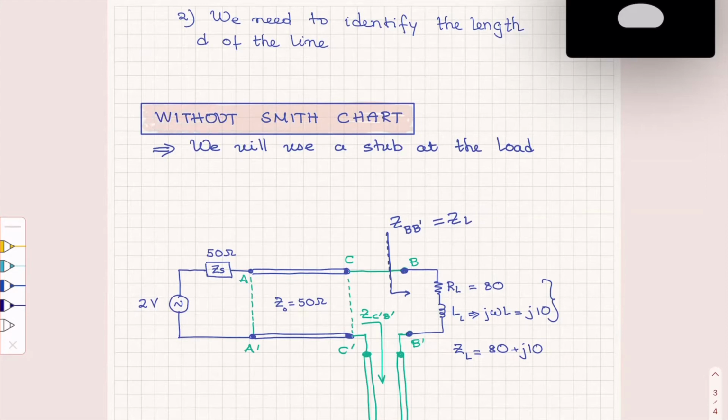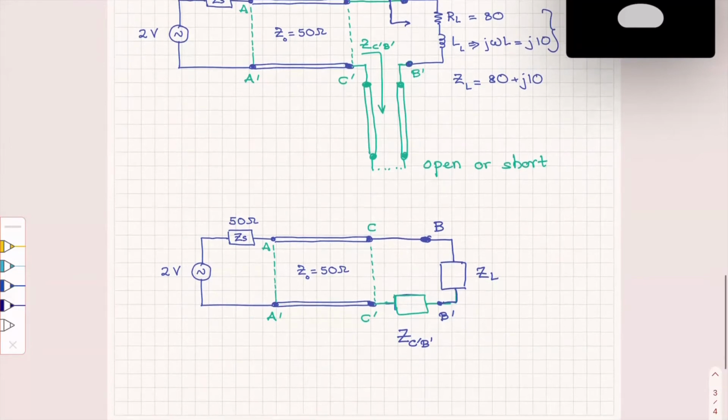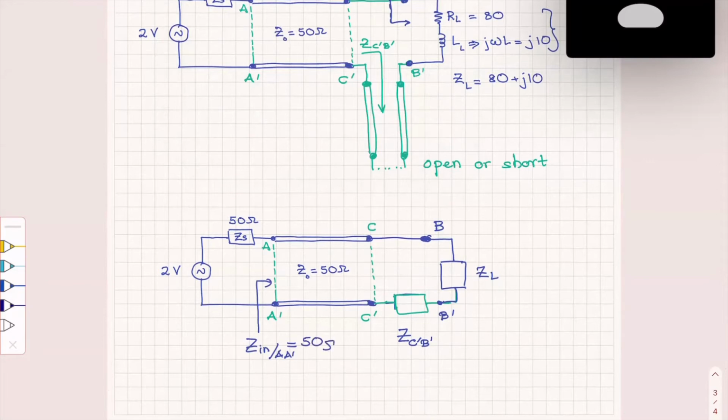So I have that. If I want to make the input impedance here, as I decided previously, 50 ohms, if I make it 50 ohms, I have perfect match at AA prime. All right, so I will have, because they are not complex, neither Z_S nor Z_in at AA prime, Z_S is going to be the complex conjugate of Z_in. Since they are not complex, they're going to be identical.